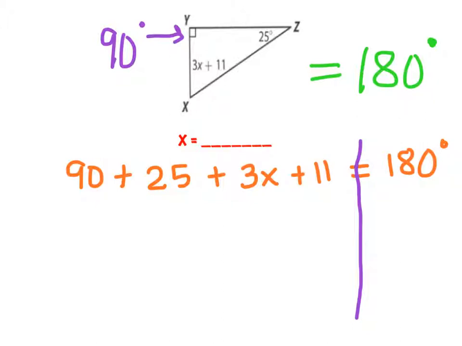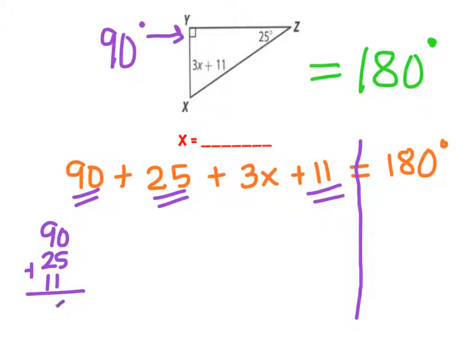As you can tell, this equation has a ton of numbers, so I want to combine the ones that can fit together. 90 is a normal number, 25 is a normal number, and 11 is a normal number. I need to put those 3 numbers together, so I'm going to add them up on the side. 90 plus 25 plus 11. 5 plus 1 is 6. 9 plus 2 is 11.